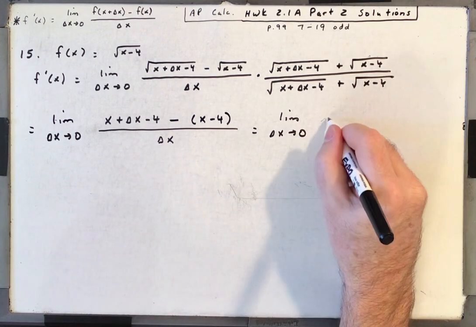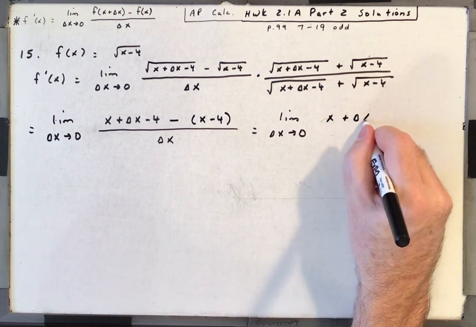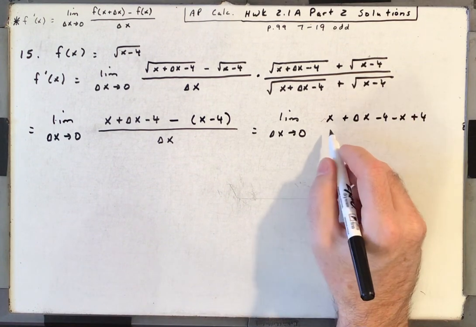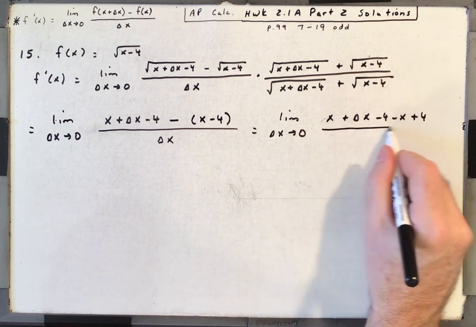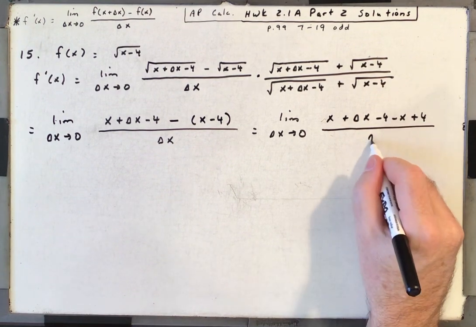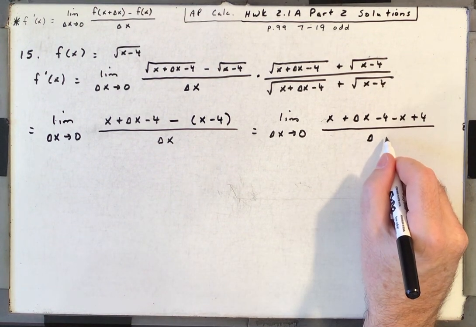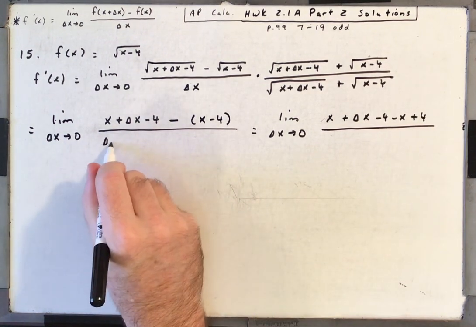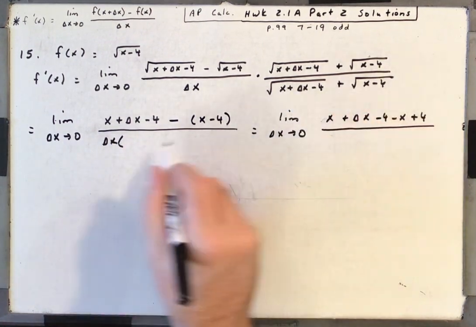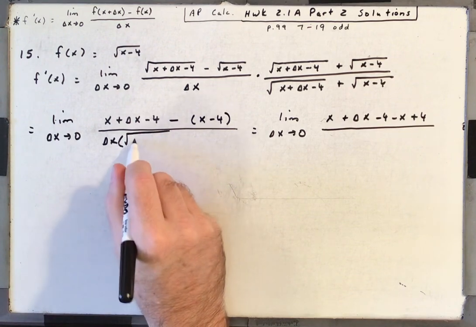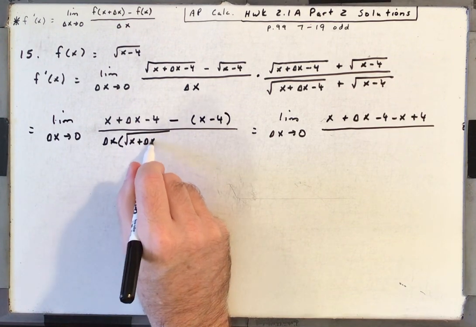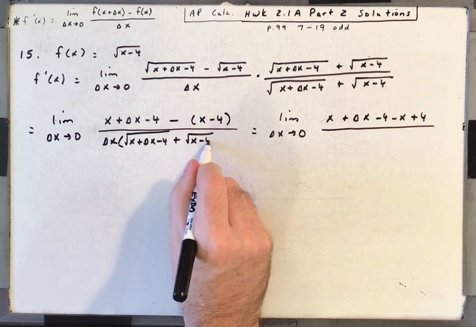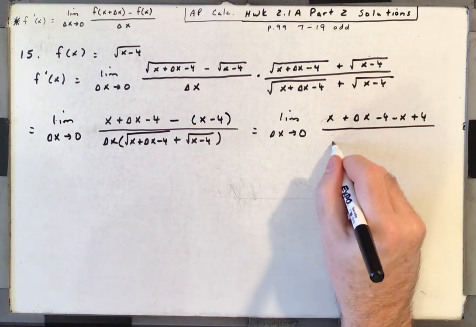All right, so we have x plus delta x minus 4 minus x plus 4 all over delta x. Now the bottom, I'm sorry, I forgot to multiply by this. So root x plus delta x minus 4 plus root x minus 4. Can't forget that.